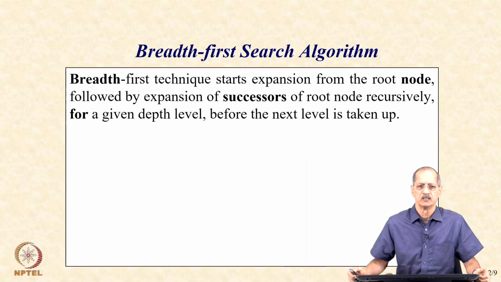The breadth first technique starts by expanding the root node or the starting point, followed by expansion of successors of the root node recursively for a given depth level before the next level is taken up, which essentially means that we go, conceptually at least, horizontally first, finish all the nodes horizontally before going down vertically, and that is how the name has been attached to the technique, breadth first.